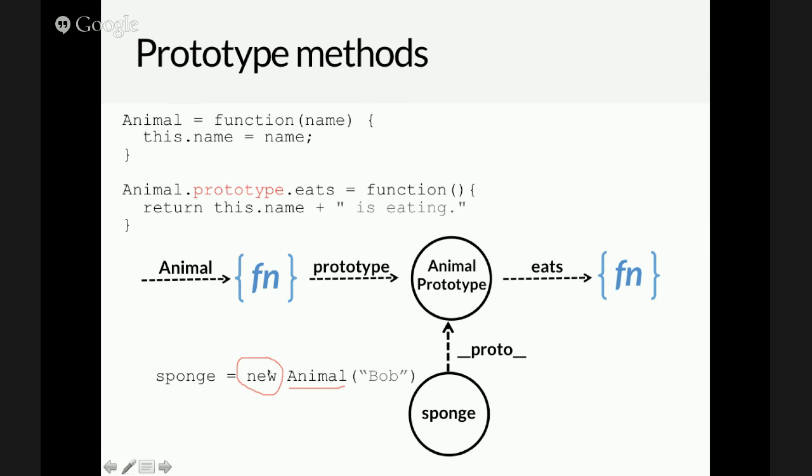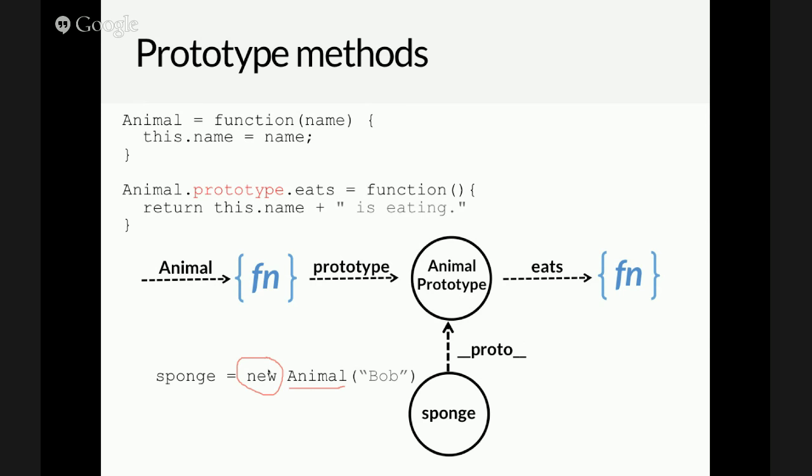So when you use the new keyword, it's creating a new object in memory, and it's setting the proto to whatever we want. In this case, it's the animal prototype. All that is done behind the scenes. It's not something you would type out explicitly, whereas the prototype you would type out explicitly.